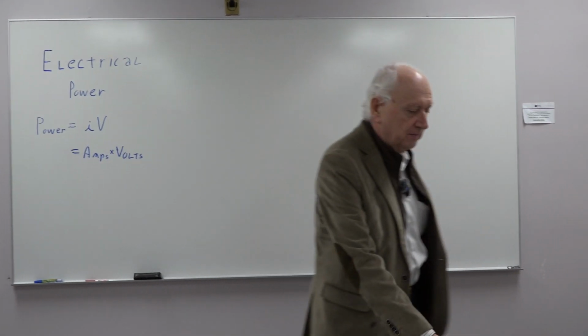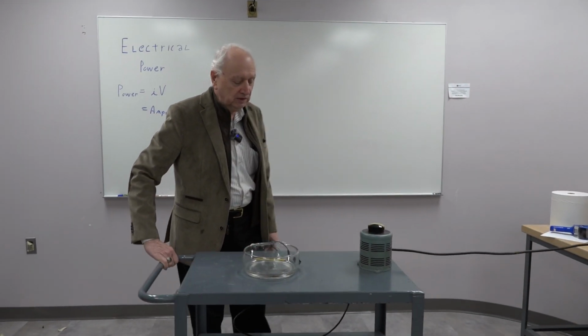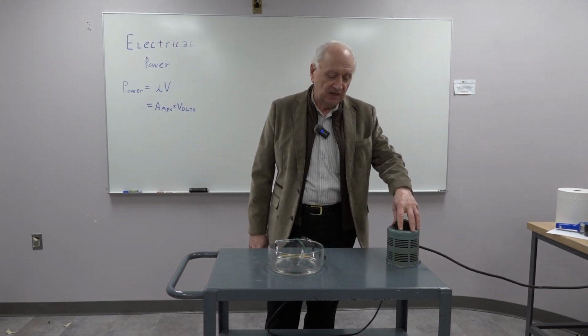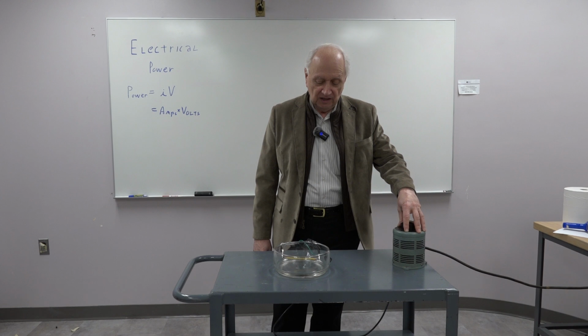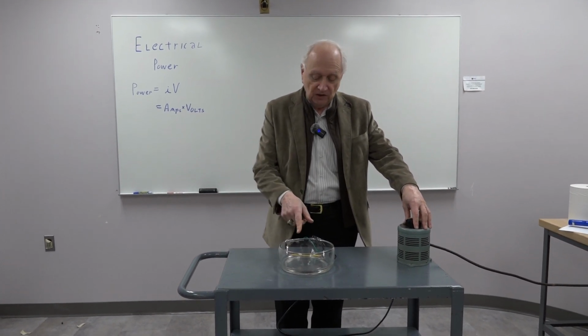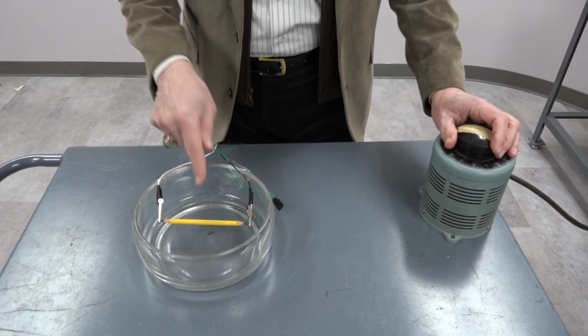So over here, I have a demonstration where we're going to deliver power at a modest voltage. This thing puts out maybe a few tens of volts, but it's going to be many, many amps. And we're sending that current through a pencil here, which is like a transmission line.